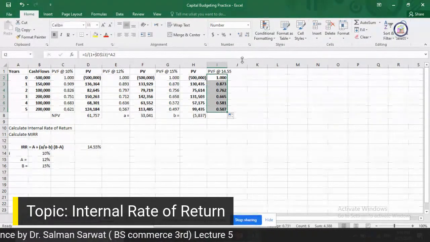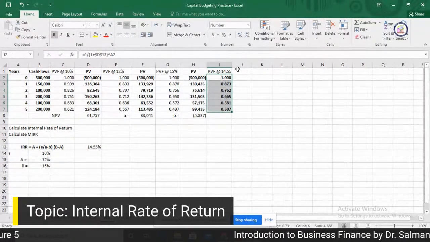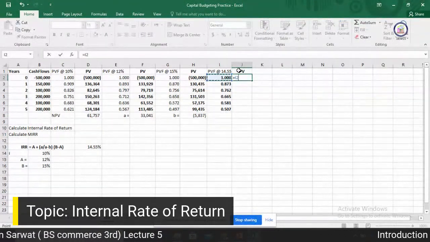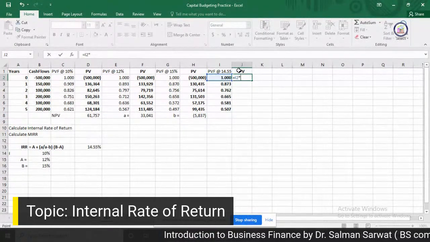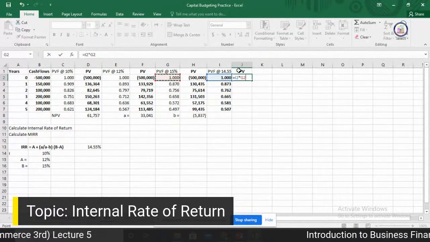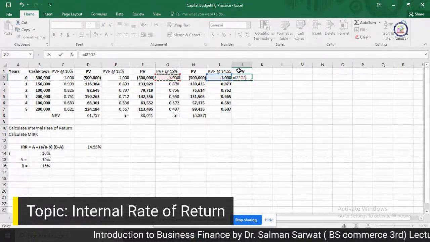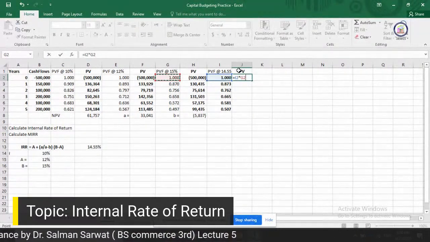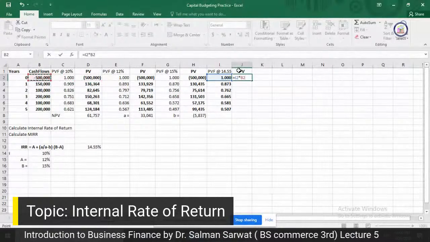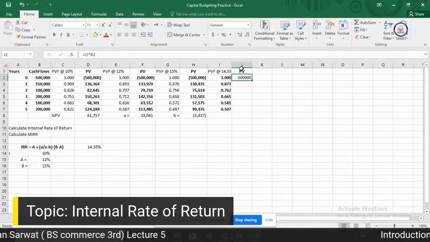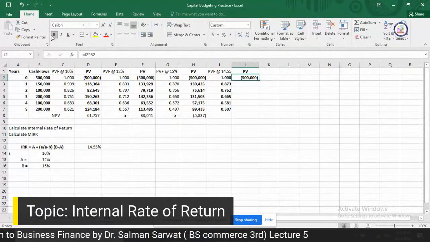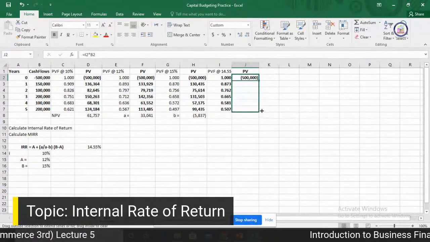Present value would be, when we multiply this figure with the cash flows, and we drag down the same formula, we will get the present value of each cash flow.